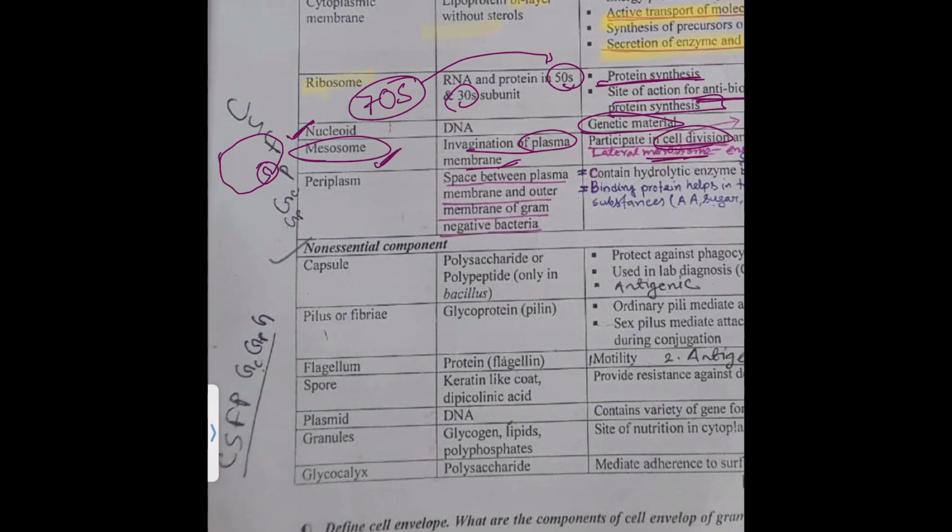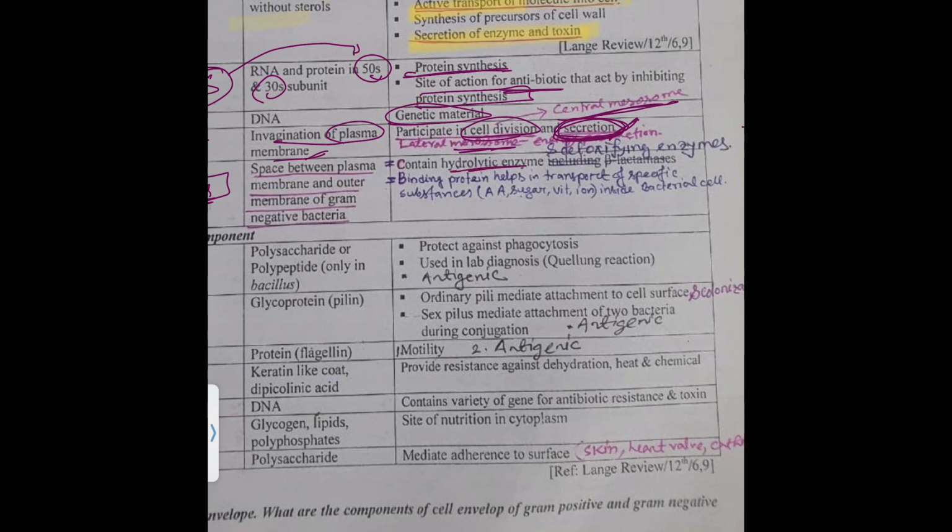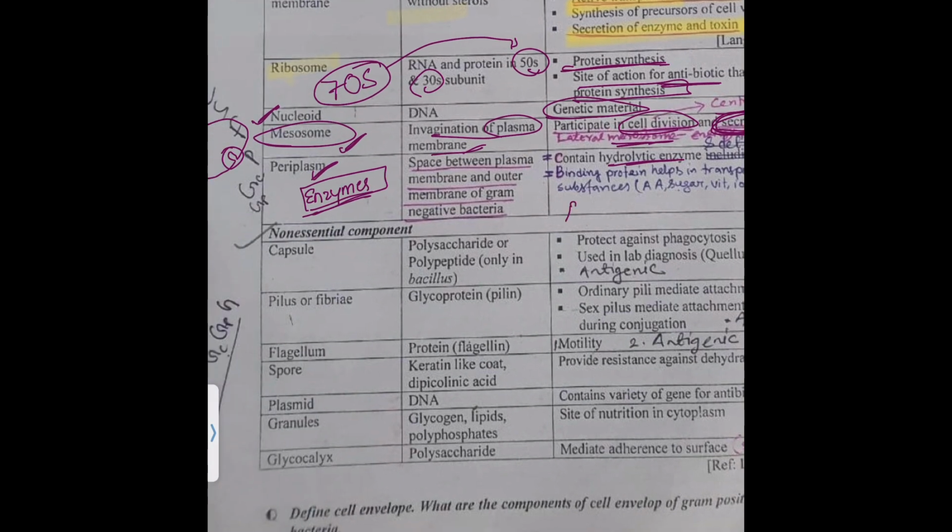Now periplasm: the space between the inner and outer membrane is known as periplasm. It is important because it contains many enzymes that will destroy the bactericidal drugs, hydrolytic enzymes, for example beta lactamase.